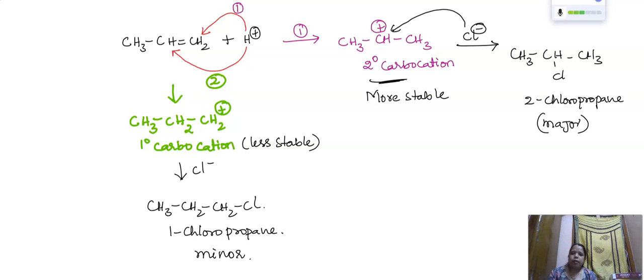Always, a more stable intermediate will generate a more stable product, which will make up the majority in the reaction. So, this is how the electrophilic addition reaction takes place for an unsymmetrical alkene. Hope you understand. Thank you.